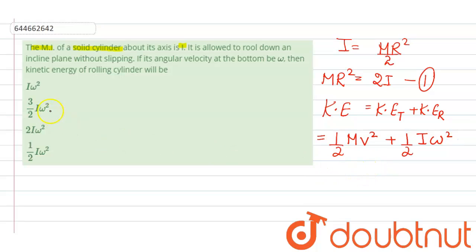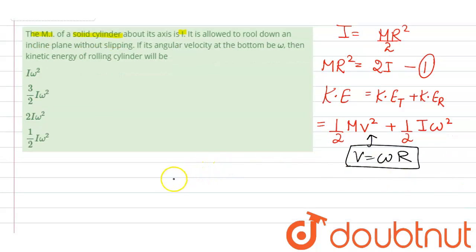Now we apply the formula here: v is equal to omega r. So what we get is kinetic energy equals half m omega square r square plus half I omega square.